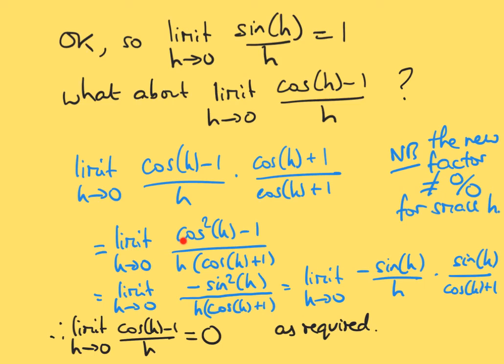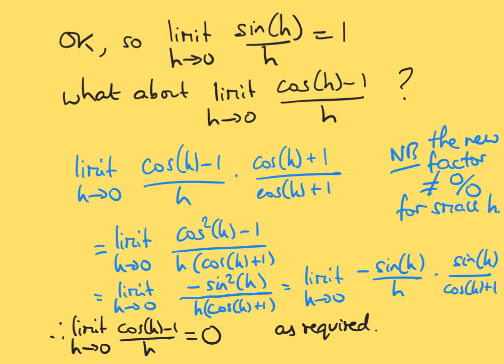So the numerator is minus sine squared h, because you know that sine squared h plus cos squared h is equal to 1. So we can rewrite the 1 as minus cos squared minus sine squared. Cos squared cancels, and we're left with this. Now, we know then that if we just factor out the sine squared into sine of h, which we'll divide by h, then we'll multiply it by sine of h divided by cos of h plus 1.